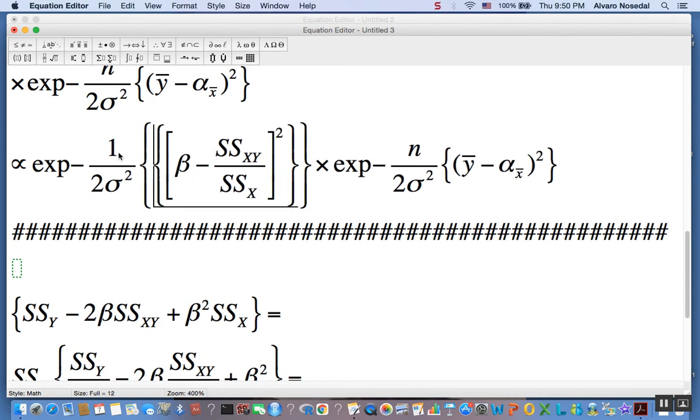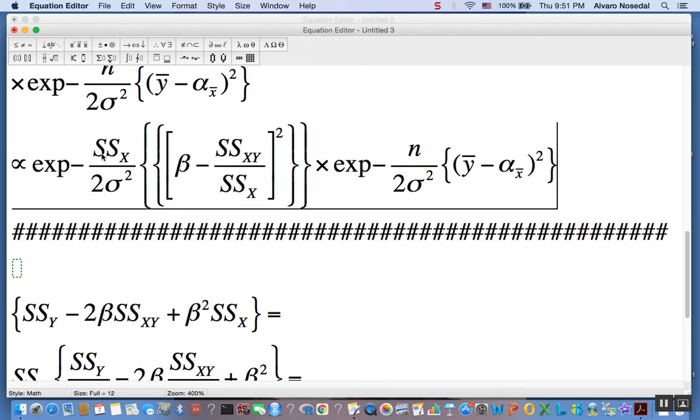Let me pull it out here. And I want you to take a close look at this guy. You go, oh, I know that the kernel for a normal is e to the -1 divided by 2 times sigma squared times the variable, in this case beta, minus its mean squared, right?